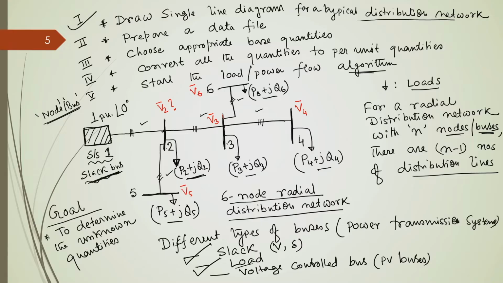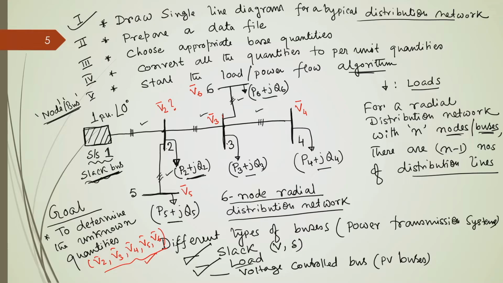So, our goal is to determine V2, V3, V4, V5, V6. I have written them in phasor form to indicate that we need to know the voltage magnitudes as well as angles of these load buses. So, this is our goal. That is why we will perform this load flow analysis.